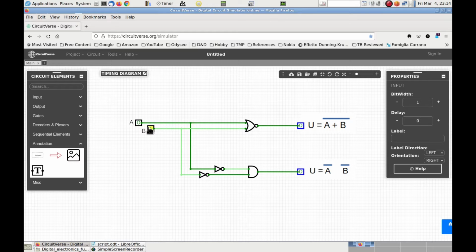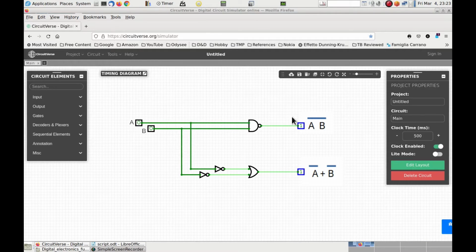And similarly, keeping B at 0 and changing A to 1, both outputs are still going to 0. Finally, if both inputs are set to 1, the outputs are both 0. And this shows that the upper and lower circuits behave exactly the same, which proves that the two sides of the first DeMorgan expression are really equivalent.